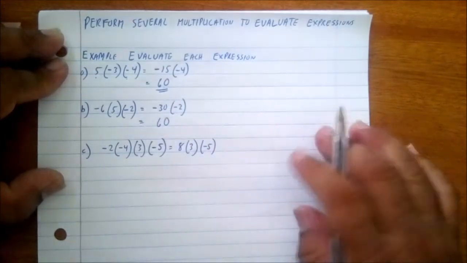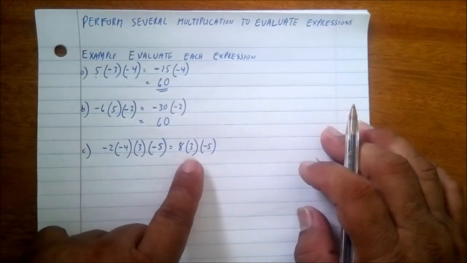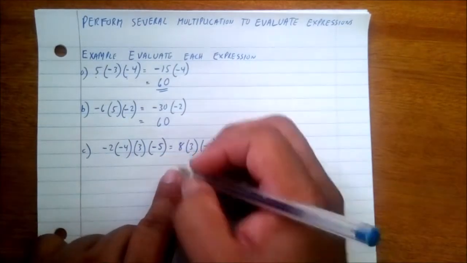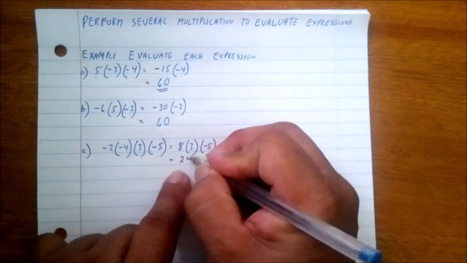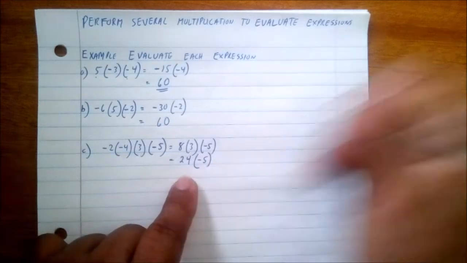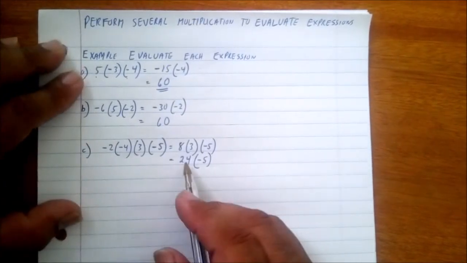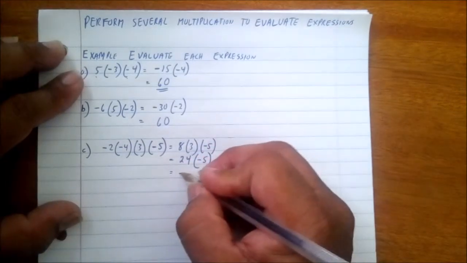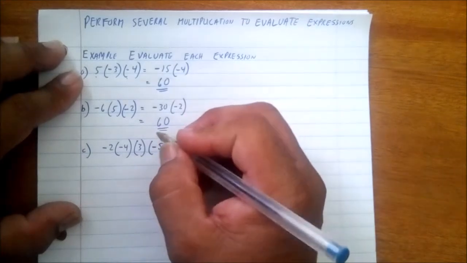Look at my steps, so make sure you write all of your steps when you're working with these types of problems. So now 8 times 3 is 24, then times negative 5. Now we multiply two integers that have different signs. This gives us negative 120, and that's our solution.